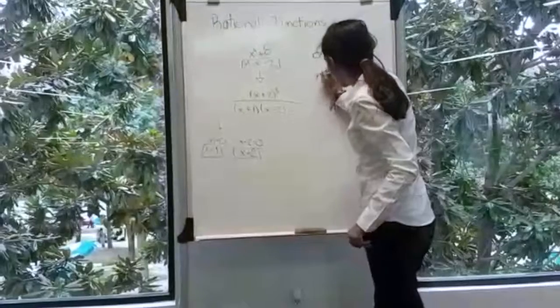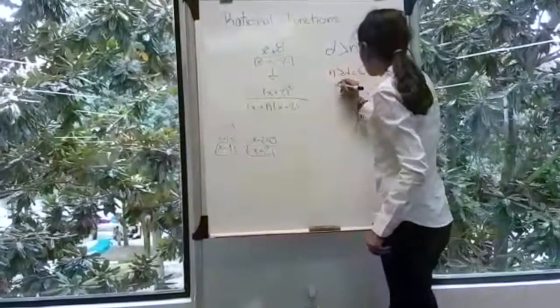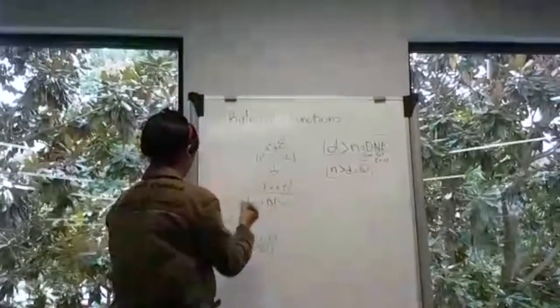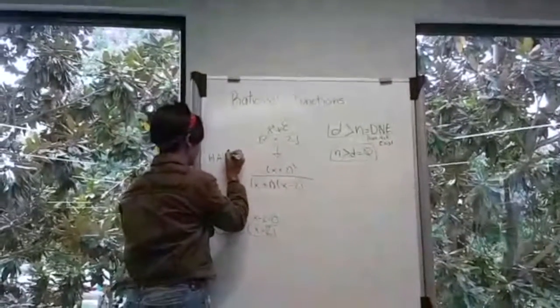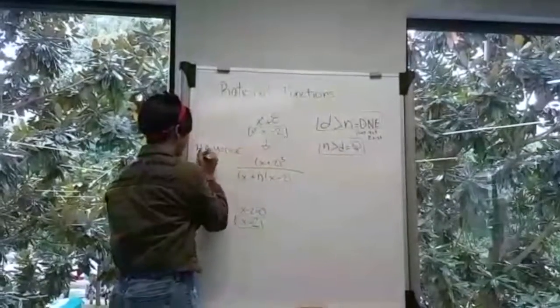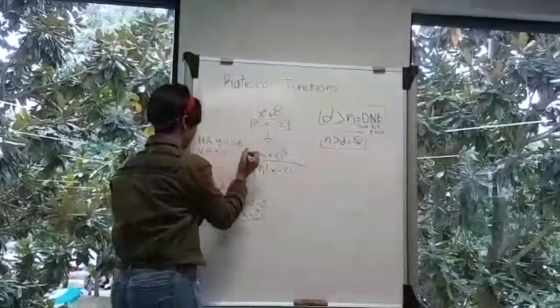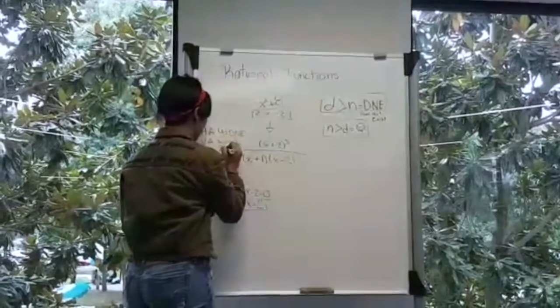The other part of the rule is that if the numerator is greater than the denominator, the answer is going to be 0. So from this we get that our vertical asymptote equals x, we have two in this case, one being minus 1 and the other one being positive 2. Also, the horizontal asymptote doesn't exist.